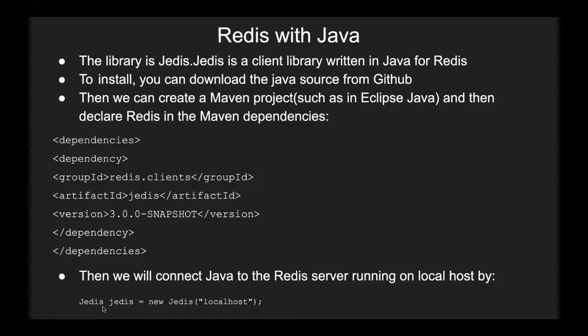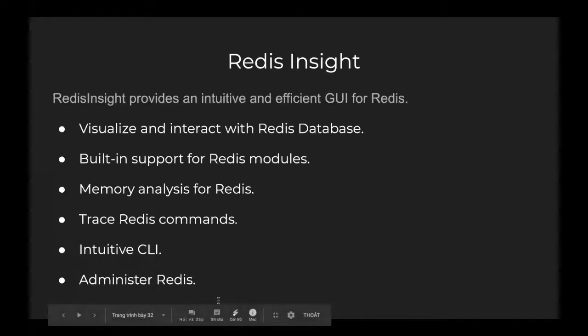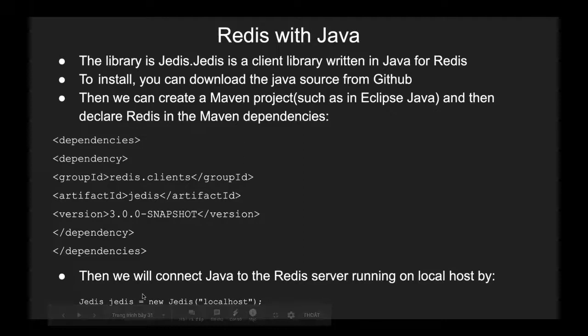Here's the code to declare it, and we have to know that if we want to use Redis, you have to have a Redis server running on the localhost first, and then you will connect Java to the Redis server by using the code Jedis jedis equals new Jedis localhost. If we have the Redis server running on the localhost, this command will connect Java to the Redis server.